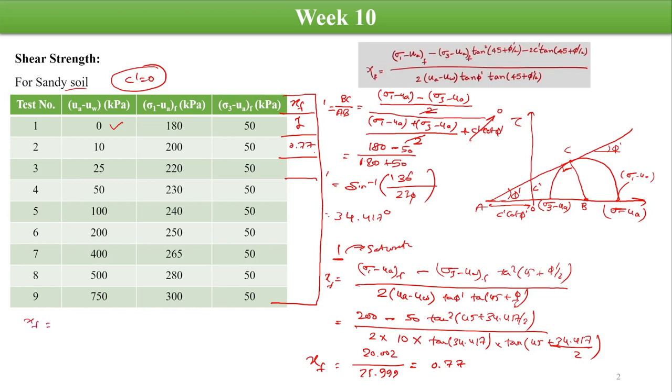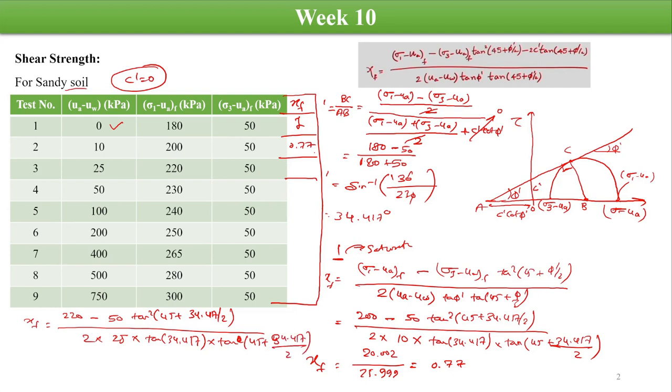Now for the third test, we will also calculate it. So xi f will be equal to sigma 1 minus ua value 220 minus sigma 3 minus ua 50, into tan square 45 plus 34.417 divided by 2, upon 2 times ua minus uw, which is 25, into tan of 34.417 into tan 45 plus 34.417 divided by 2.